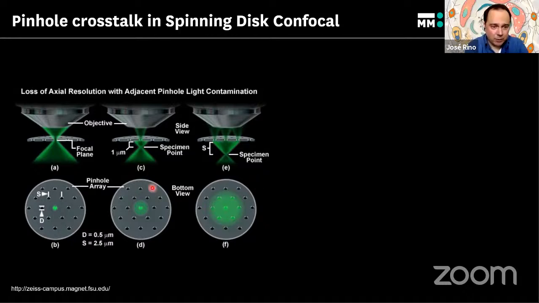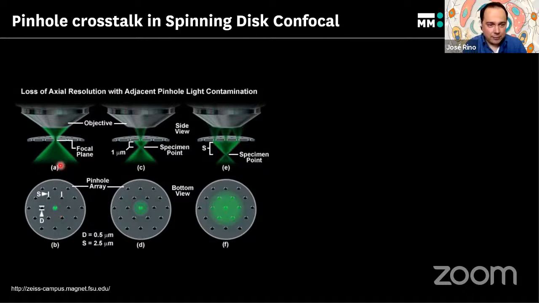On a point scanning confocal, we acquire an image of a sample point by point. On a spinning disk, we acquire multiple points at a time. Now, if your fluorophore is on the focal plane, it's emitting light. This light will be focused on one of the pinholes of the spinning disk, and it will be imaged. It's fine.